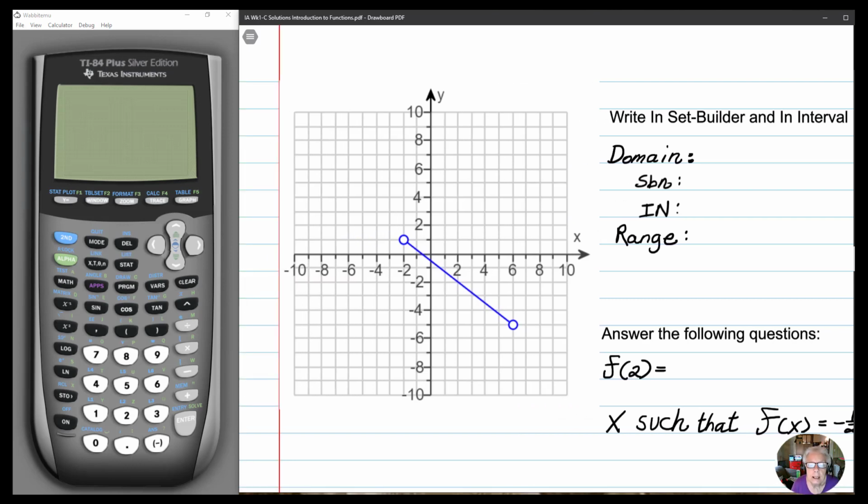First, these open holes mean that x cannot equal -2. x cannot equal -2, which is the x-coordinate of that open hole. In the same way, x cannot equal 6.